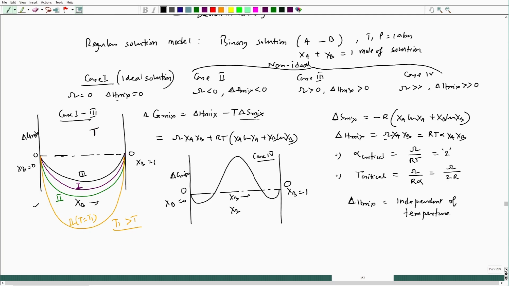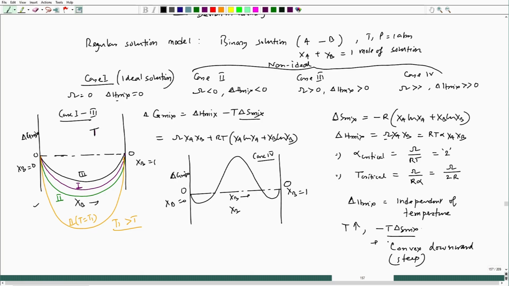But if we increase temperature, then the main influence would be on the minus T del S mix. So, it will go further down, much steeper convex downward. Okay.